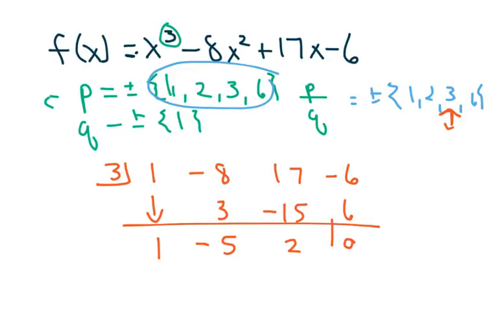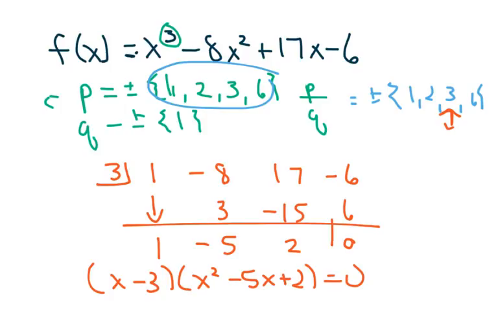So that does work. So we get x minus 3 is a factor. Then we have x squared minus 5x plus 2 equals 0. And I think most of you all can clearly see you can't factor that. So we only have one real zero again, and that real zero is 3.